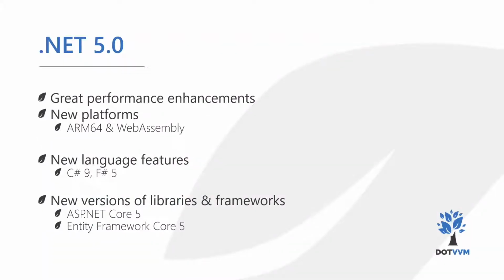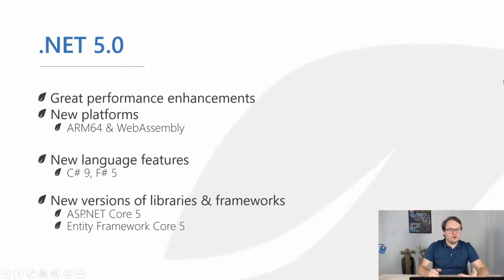Of course, the biggest announcement was the release of .NET 5, which is very interesting and it's full of great enhancements, great features, and also support for new platforms. So from now you can use .NET also on ARM64 and also on WebAssembly, which is very important for people who want to build web applications with Blazor.